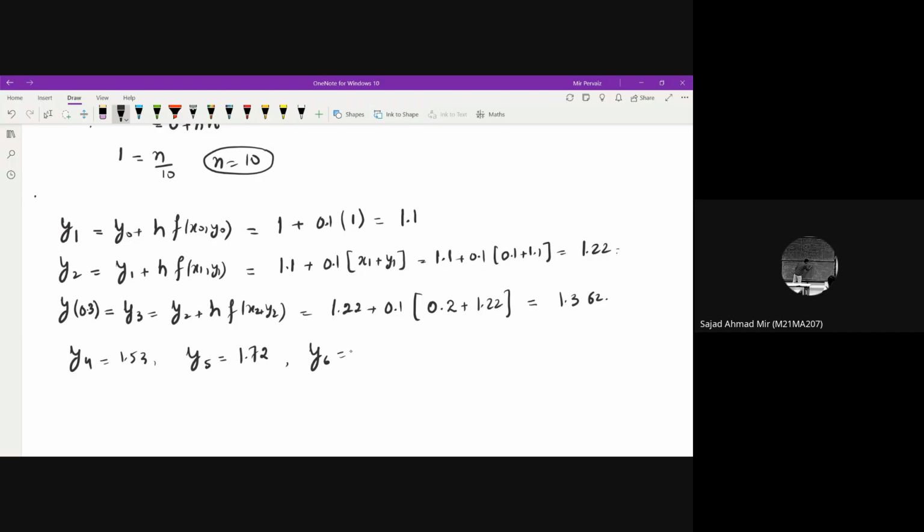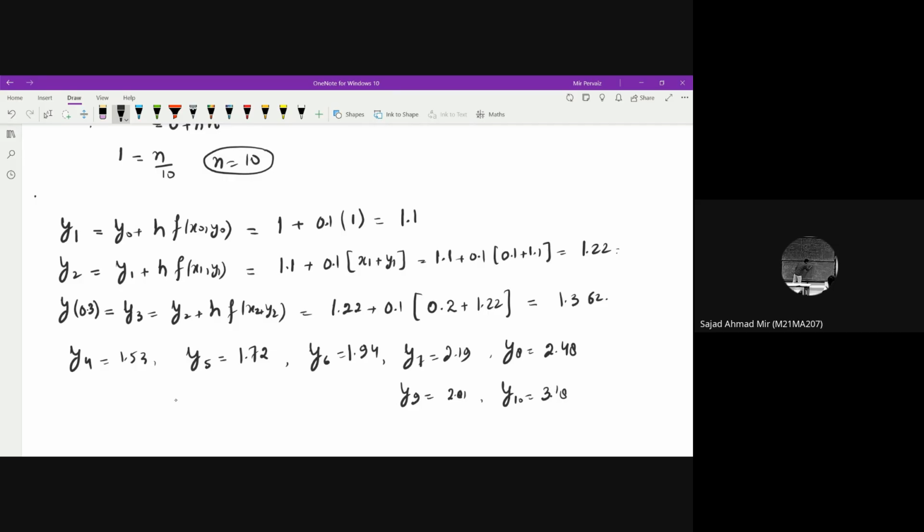y6 is 1.94, y7 is 2.19. These are the calculated values I have. y8 is 2.48, y9 is 2.81, and your y10 is 3.18.